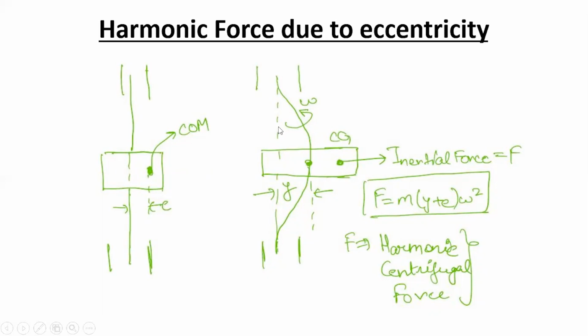Now when this rotates at a particular speed or frequency, which is omega, the first effect is obviously the whirling of the rotor shaft. The second, more profound effect is the vibrations which happen in the nearby assembly. Because the system is rotating, the center of mass will experience an inertial force, or basically a centrifugal force, equal to the mass, the offset distance or eccentricity, and the speed with which the rotor is rotating.